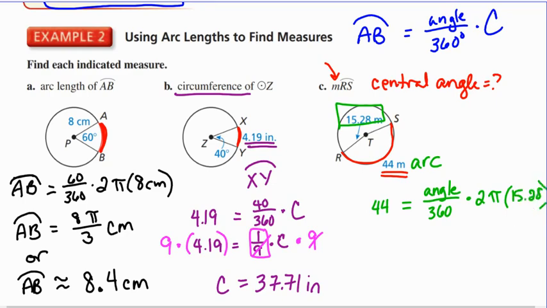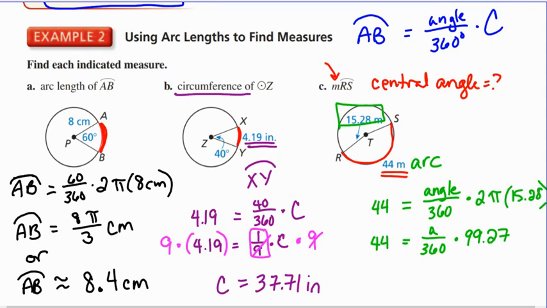Okay? Now, if you multiply 2 times pi times 15.28, this part right here is going to turn into 99.27, right? So we've got 44 equals, I'm going to use A for angle, over 360 times a full circumference of 99.27, right?